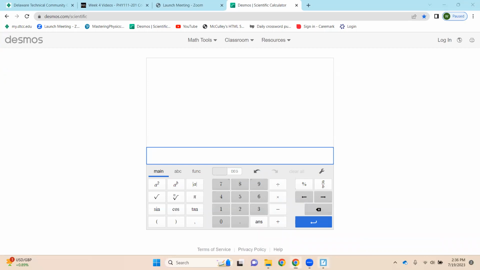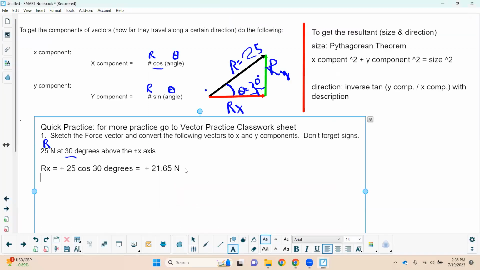Okay. So we're going to do similar work for Ry. So Ry would be the R value, which is 25, the length of that resultant vector, and the sine of 30 degrees this time. According to our picture, this arrow is going up. So it's going right, which is positive. It's also going up, which is positive.